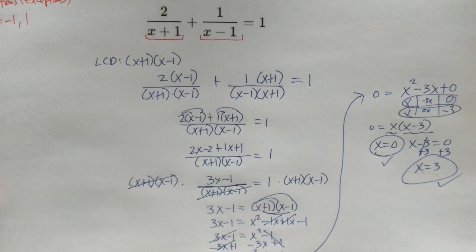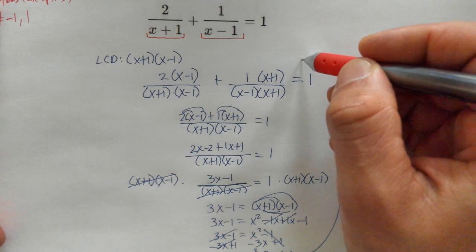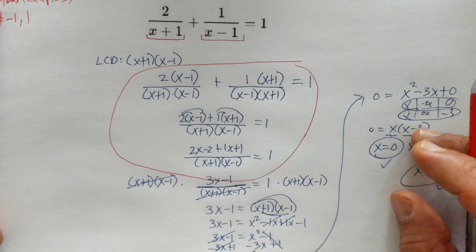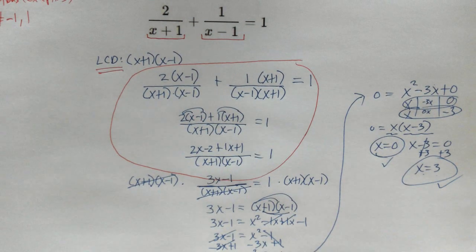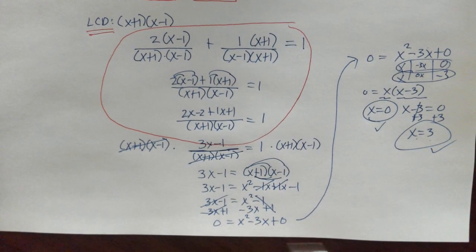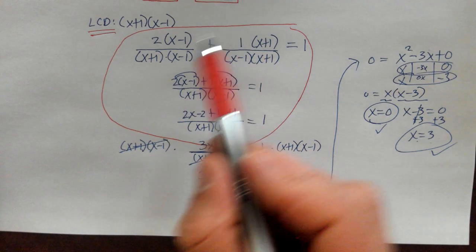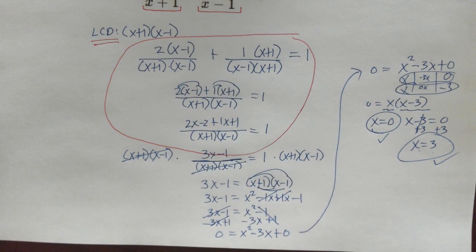Now, half of this problem was what we did in our previous video. All of that was find the least common denominator and combine like terms. The new part is solving for x. So if you need help with this portion, feel free to watch my previous video on adding and subtracting rational expressions. Let's try another example.